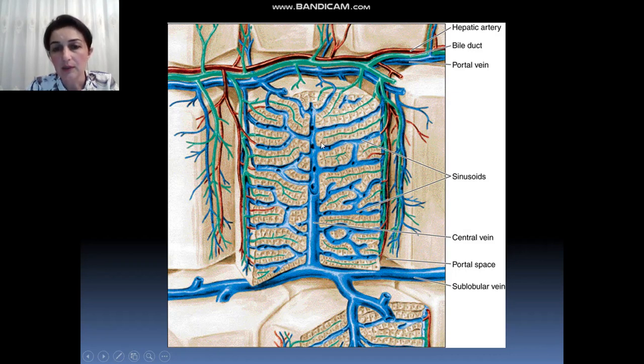These bile canaliculi, pay attention, will run to the periphery of the lobule, and they will join the interlobular bile duct. We have to know that if the blood flows from the periphery of the lobule towards the center, then the bile will flow in the opposite direction, from the center of the lobule toward its periphery.